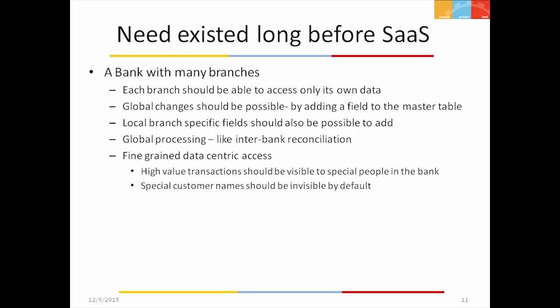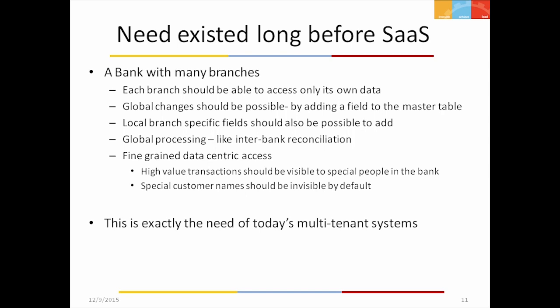Now these are, in a sense, requirements for multi-tenancy. If they have to be implemented, the notion of multi-tenancy needs to be implemented. Today's multi-tenant systems exactly implement such things.